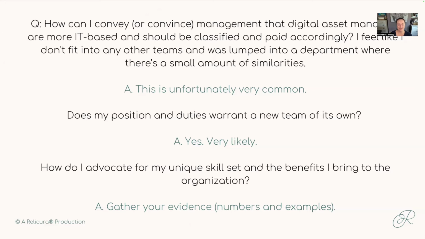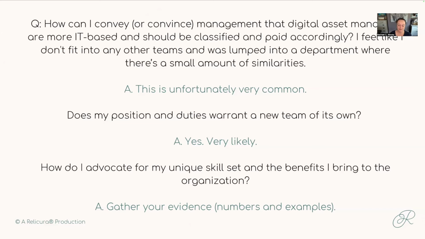And then how do I advocate for my unique skill set and the benefits I bring to the organization? So first and foremost is gathering evidence, numbers, and examples. Because depending on who you're talking to, their brain will either be more convinced by numbers or more convinced by qualitative anecdotes, narrative examples, etc. So get both of those because they will be helpful for your conversation.